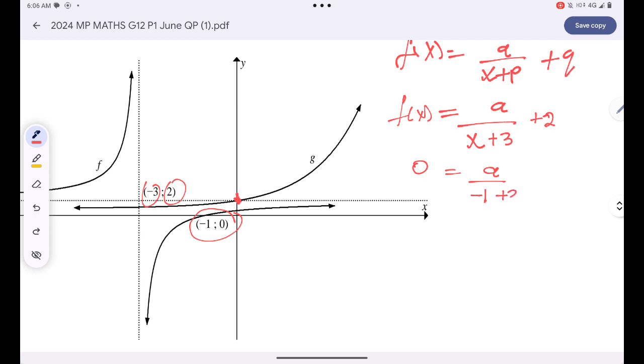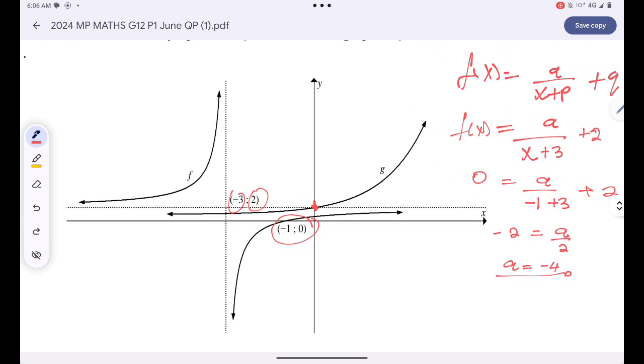But remember, I had a plus 3 and a plus 2 over there, né? And then whenever I take the 2 to the other side, it will be negative, so I'll be left with -2 is equal to a all over 2. Therefore, a is basically equal to -4. And yes, guys, I'm supposed to find a negative answer since my hyperbola is on the second and fourth quadrant of my asymptotes.